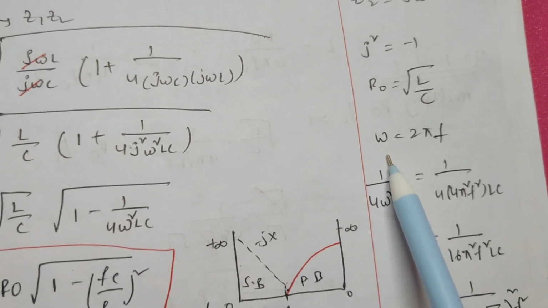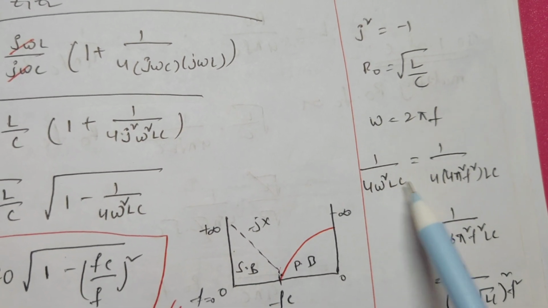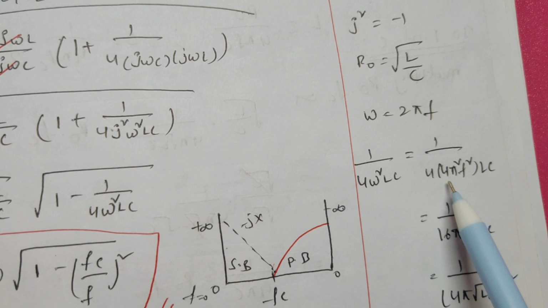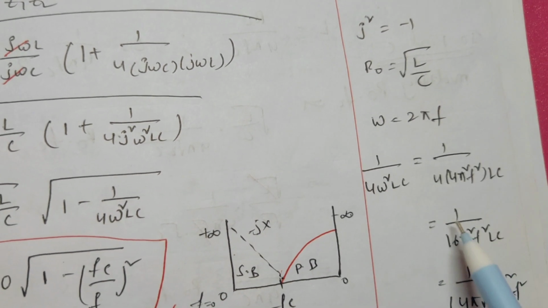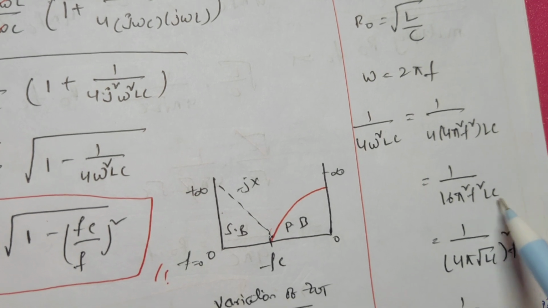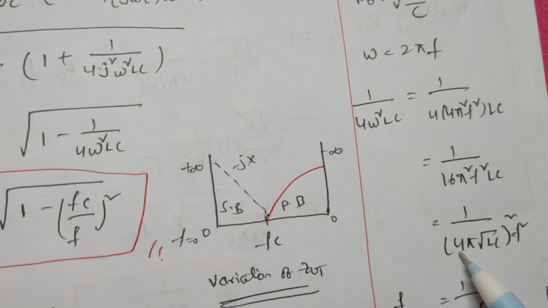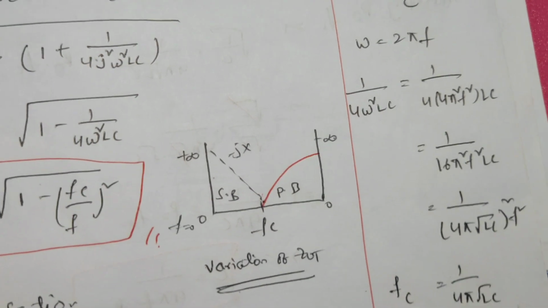Simply substitute omega is equal to 2 pi f. So 1 by 4 omega square LC is nothing but 1 by 4 of 4 into pi square f square LC value. So this value becomes 1 by 16 pi square f square LC value, and we know the cutoff frequency of this high pass filter is nothing but 1 by 4 pi root LC.